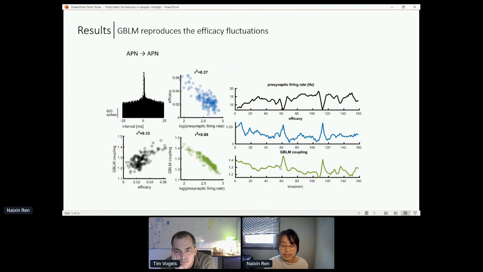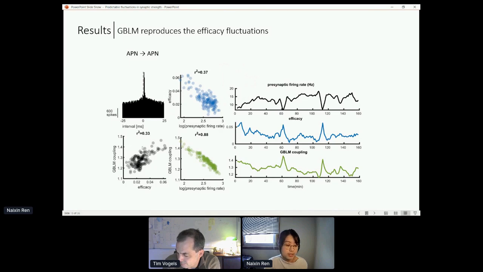On the right, this green line shows the estimated GBLM coupling, and we can see the GBLM coupling is able to reproduce the fluctuation in efficacy. And here, the green scatter plot is between GBLM coupling and log firing rate, and we can see it is able to reproduce the depression kind of relationship between efficacy and firing rate.